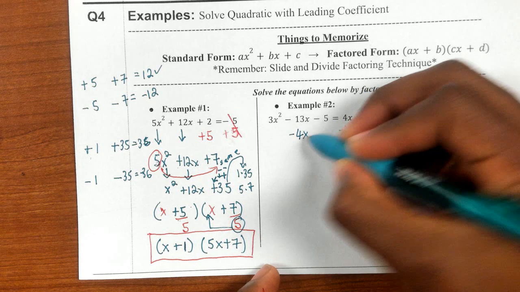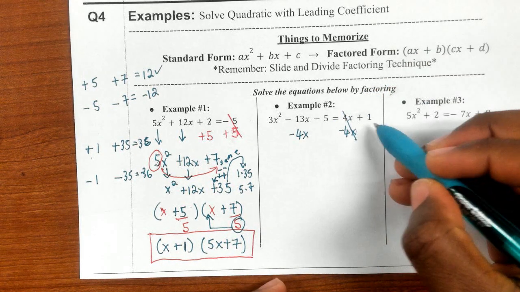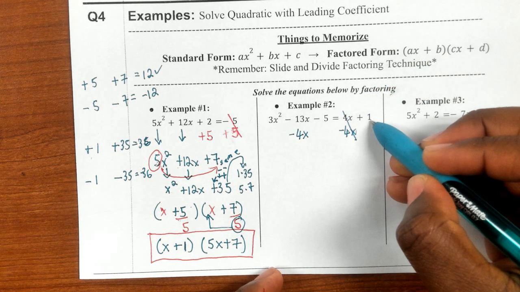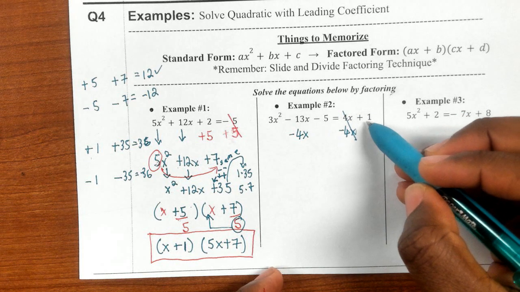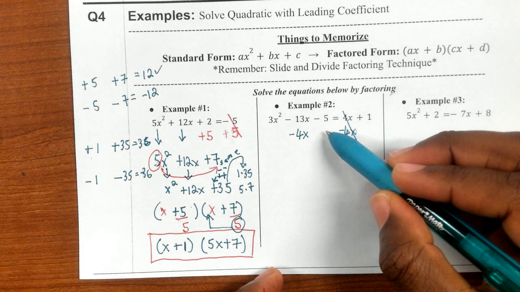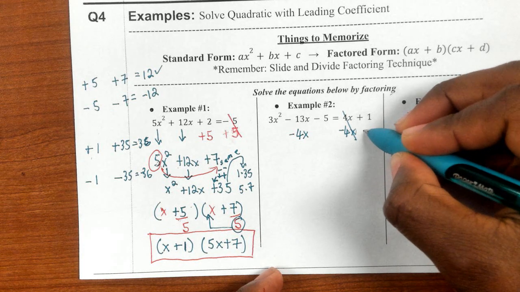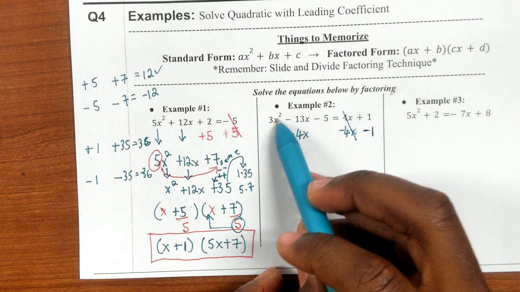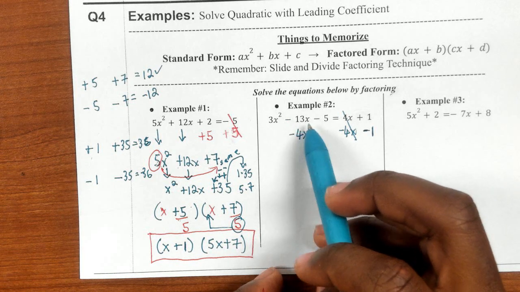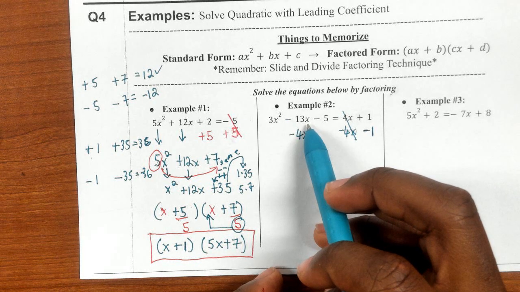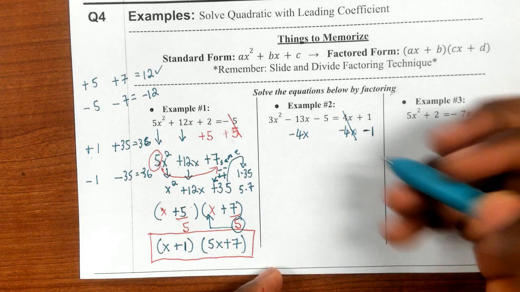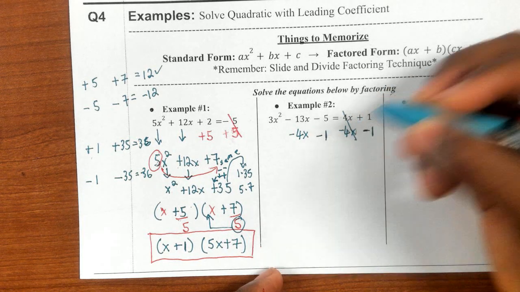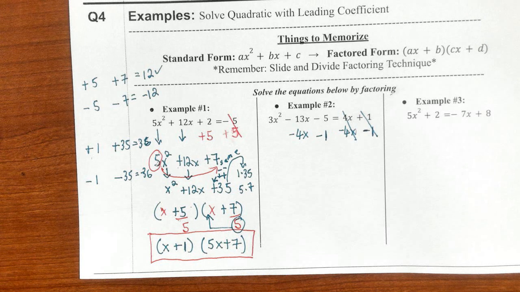So this is cancelled, but I still have this 1 that I need to move over here. How do I move a positive 1 to the other side? I would subtract 1 from both sides. Are you going to subtract it from 3x squared? No. Negative 13x? No. Negative 5? Yes, because that's the like term. So this gets canceled.